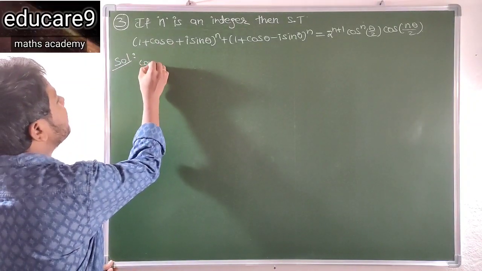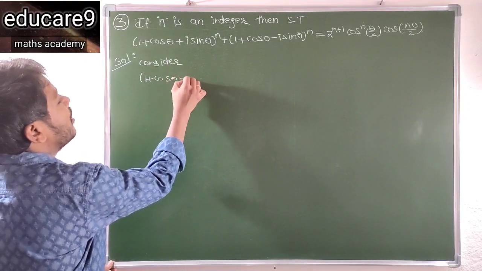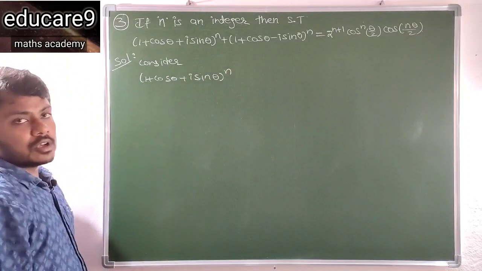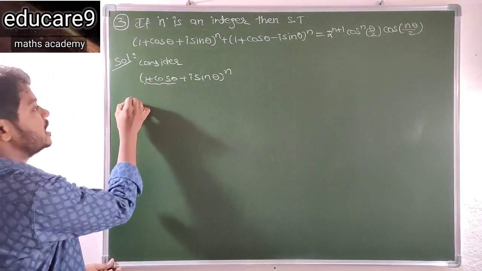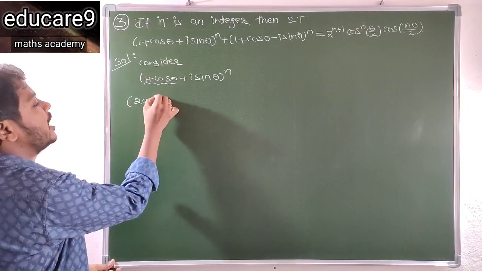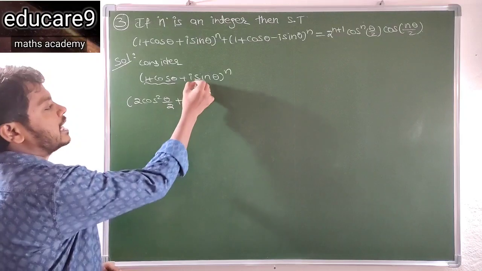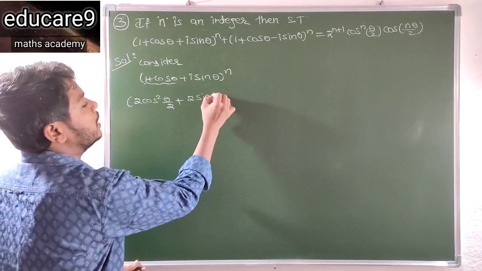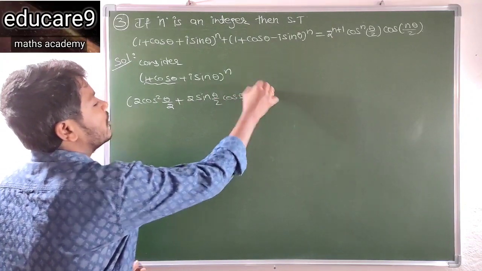So here consider (1 plus cos theta plus i sin theta) whole to the power of n. So you know that 1 plus cos theta formula, that is 2 cos square theta by 2, half angle formulas, and sin theta formula, that is 2 sin theta by 2 cos theta by 2, whole to the power of n.